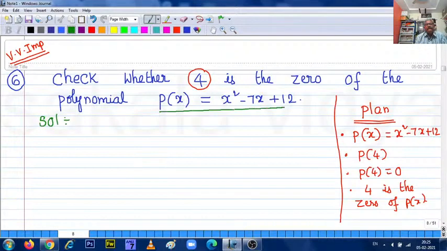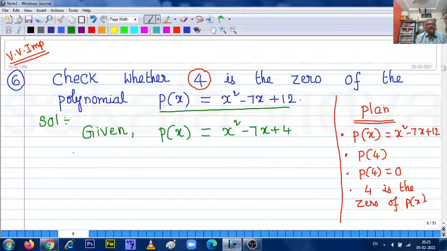This is given: P of x equals x square minus 7x plus 12. Now find P of 4.